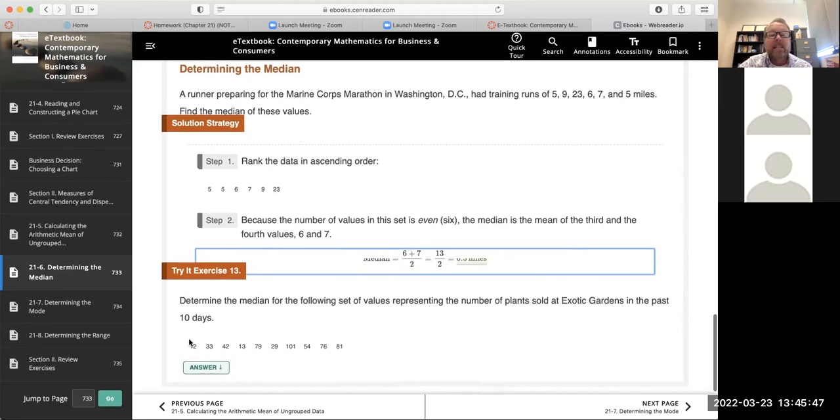So looking at the next data set, 12, 33, 42, 13, 79. So we put all of those in order, or I'll just do it right here. So 12, then 13, then 29, sorry, 33, 42, 54, 76, 79, 81, and 101.